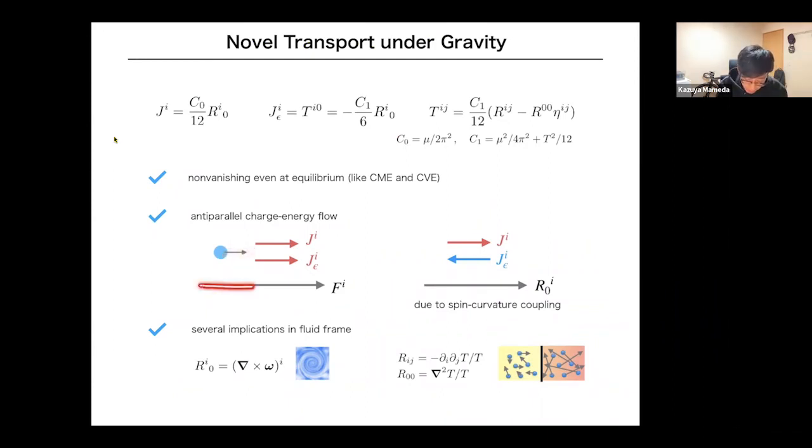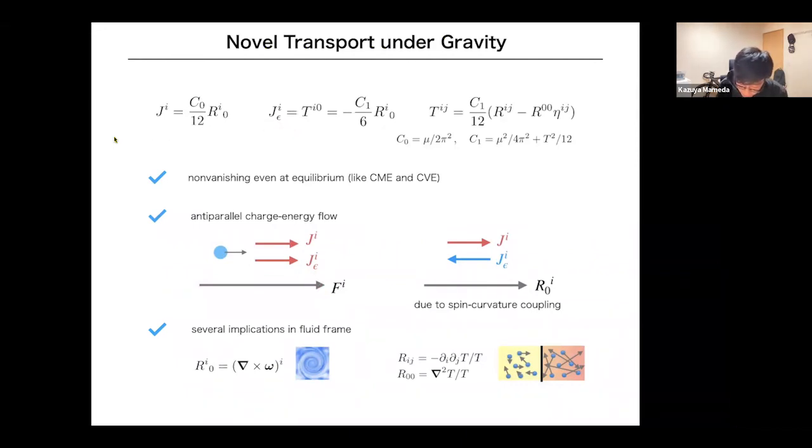If you put the external force Fi on some particle, then the particle moves in this direction, and eventually the charge and energy or momentum of the particle flow in the same direction. However, in this case, we have opposite signs for the charge current and energy current.